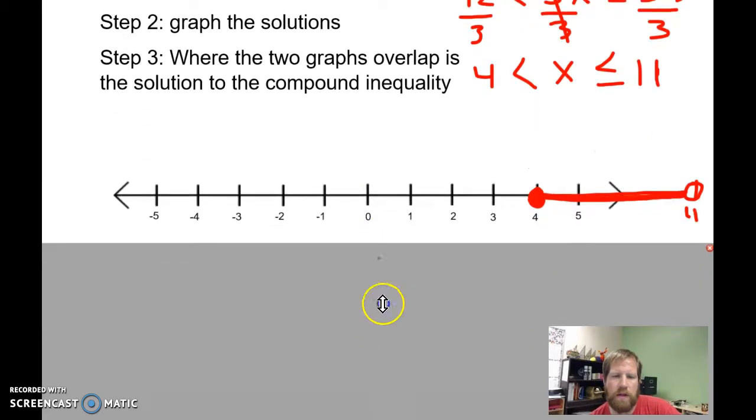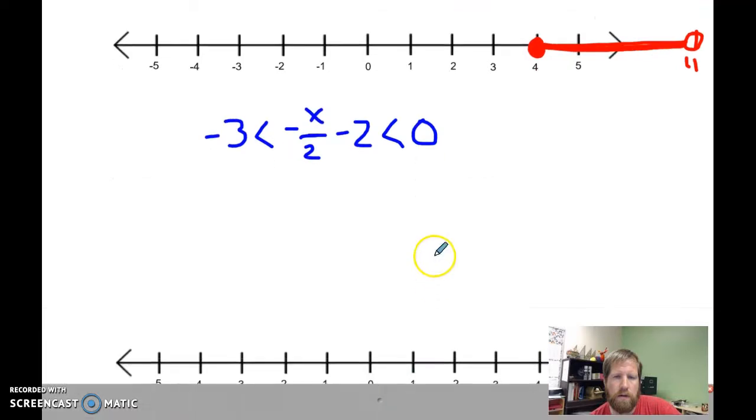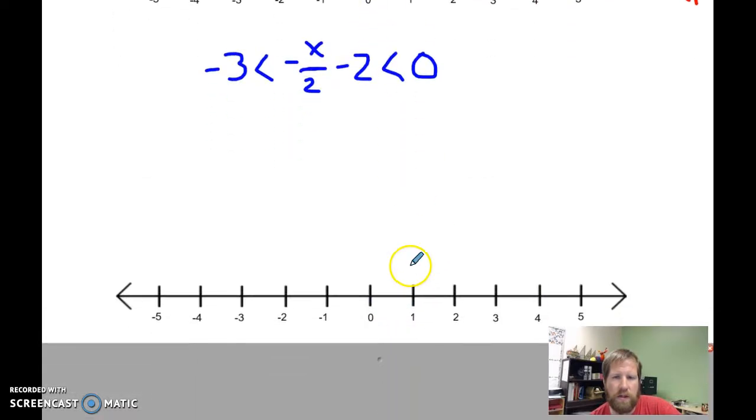Okay, let's look at another one. So here's another one. It's also an AND inequality, so it's the same kind, but now we've got two terms. It's kind of a multi-step compound inequality. But just like with a normal multi-step or two-step equation, you're going to check to see if they're connected or disconnected.